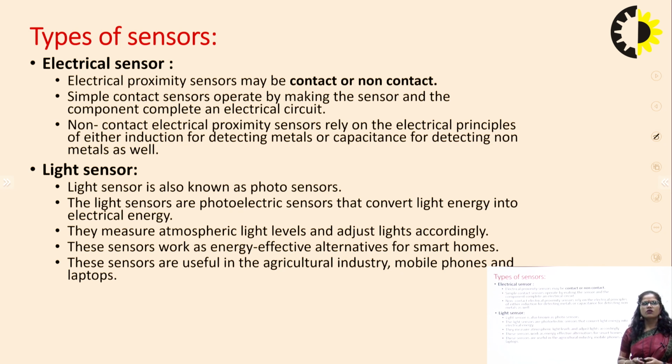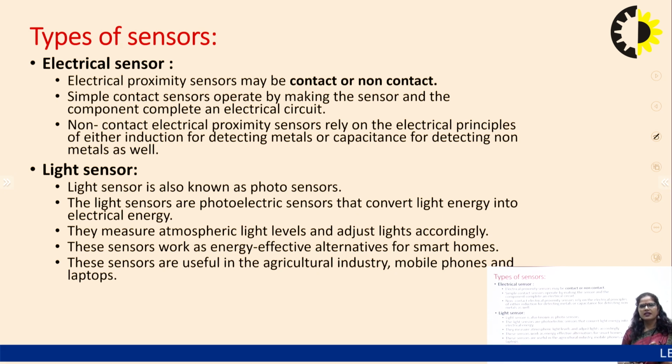And these sensors work as an energy-effective alternative, because if we activate a high level of brightness in your mobile phone, it discharges quickly, right? If we use a low brightness mode, it will last for a long time, right?